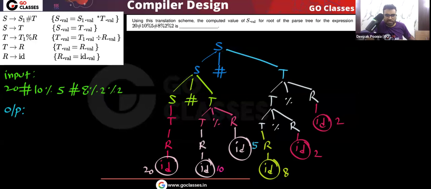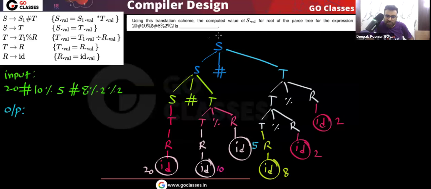Once you got this parse tree, now what will we do? We will perform left to right depth first traversal, and immediately after reduction, we will execute the corresponding semantic action. First of all, notice: is this parse tree correct? Is there any mistake here?